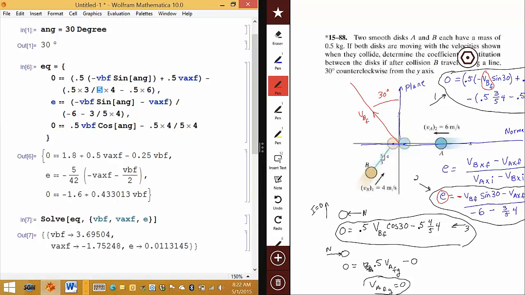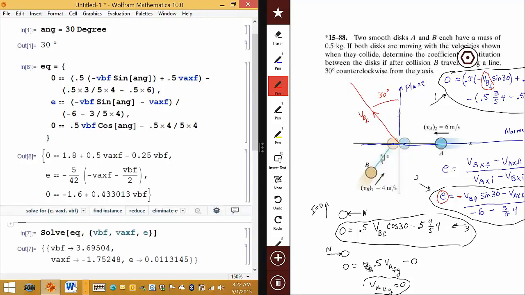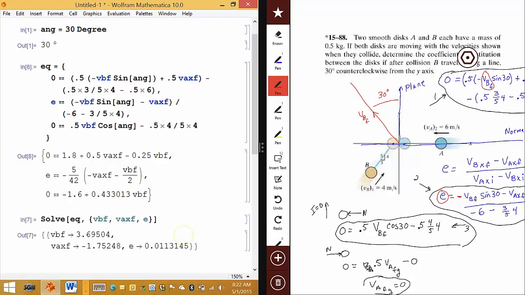That's the initial velocity of body B. What I had originally typed by mistake was 3/4 times 4. So those were the 2 mistakes I had made. I knew I had made a mistake because the coefficient of restitution ended up being negative. So I'll execute this. Those are the correct equations, and then I solve the equations, and so I end up with the right value.